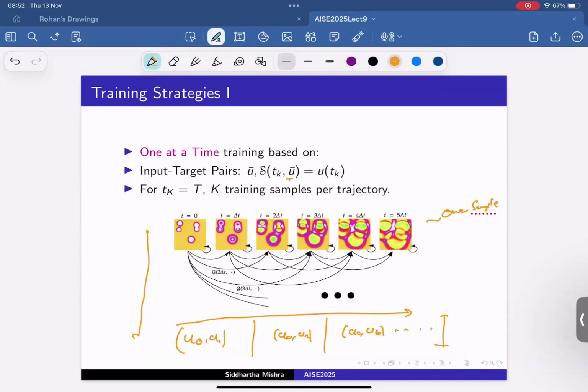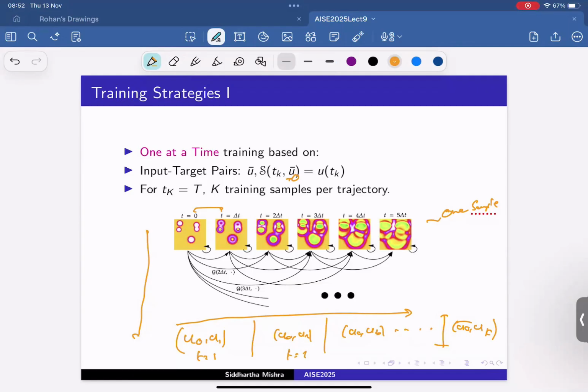Again, sorry for the notational confusion here. I can use this as 0, right? And then U0, UK. So these are your data pairs. So all that you do is that you take these two and tell the neural operator: given t equal to 1 and given this initial condition, match or try to fit the target here. So that would be your t equal to 1.